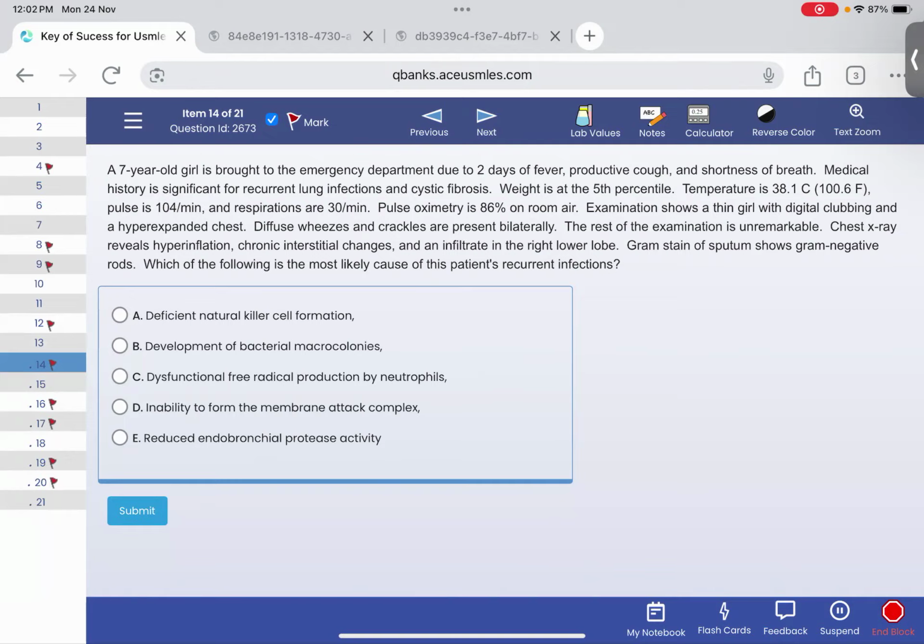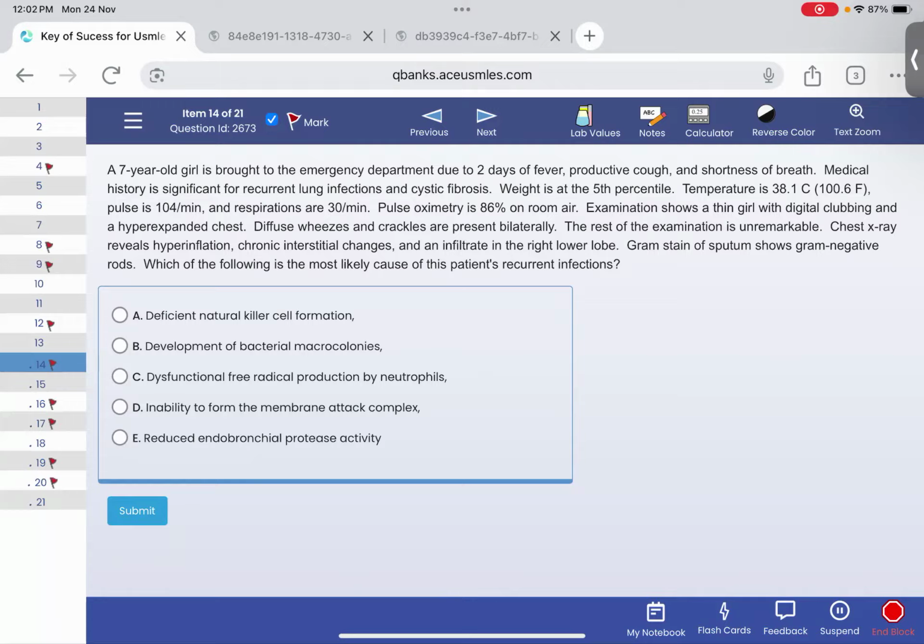Pulse oximetry is 86% on room air. Examination shows a very thin girl with digital clubbing and an expanded chest. Diffuse wheezes and crackles are present bilaterally. The rest of the examination is unremarkable. Chest X-ray reveals hyperinflation, chronic interstitial changes, and an infiltrate in the right lower lobe.